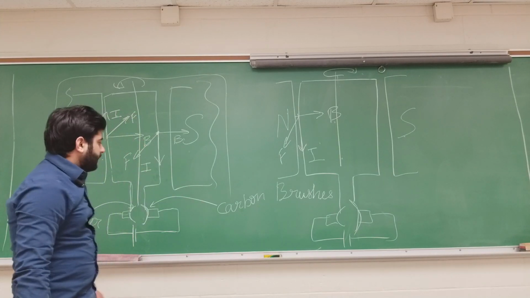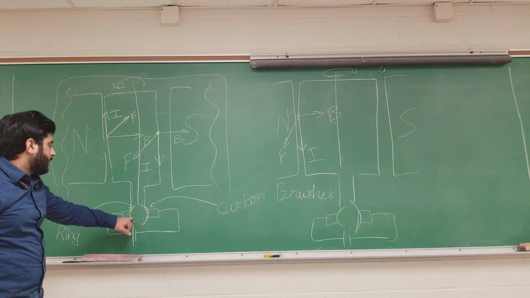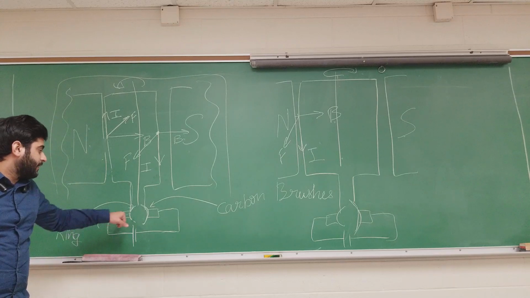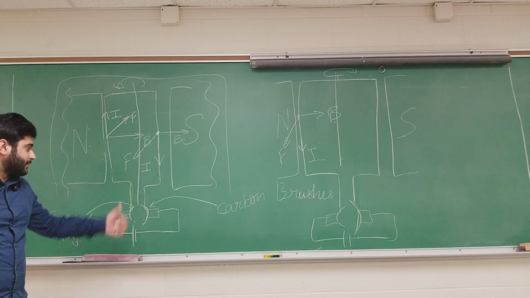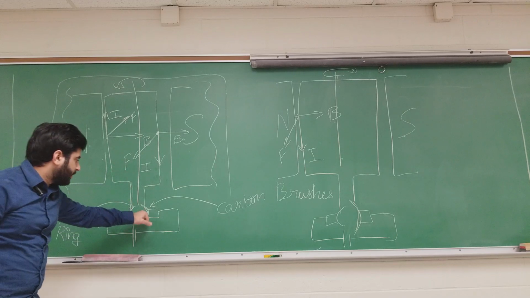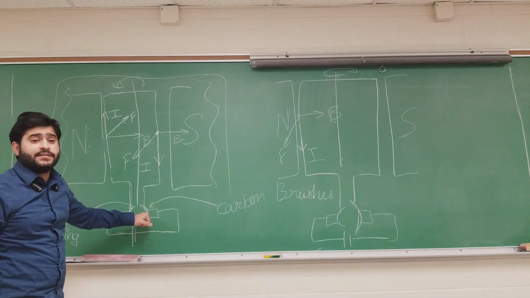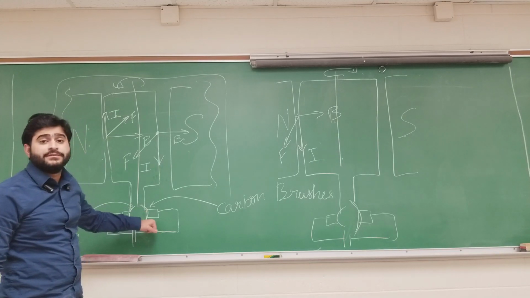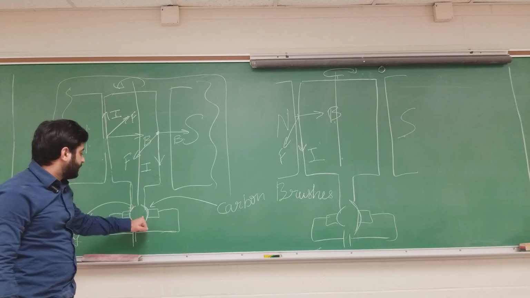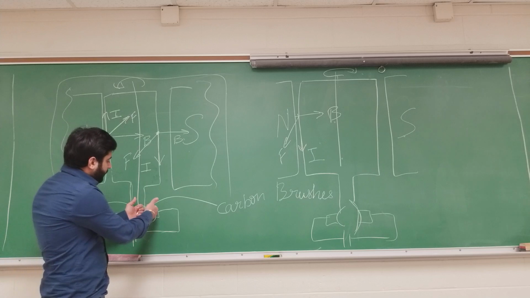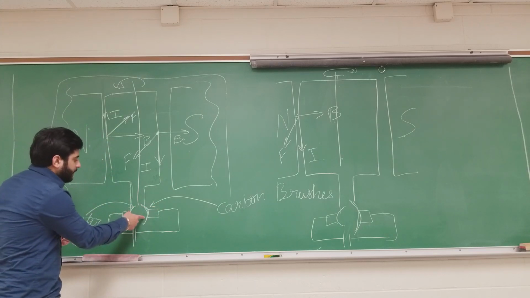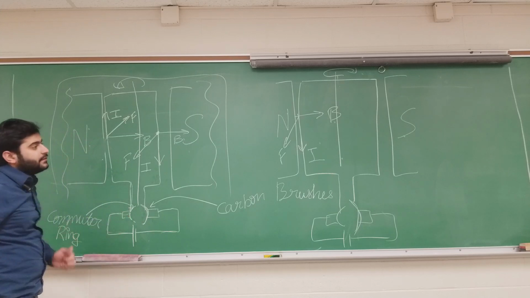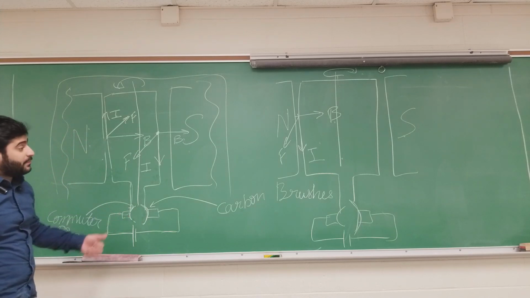To avoid that, we use the commutator rings and the carbon brushes. When the rotor rotates, the commutator ring loses connection with the carbon brush, detaches, and attaches with the carbon brush on the other side.